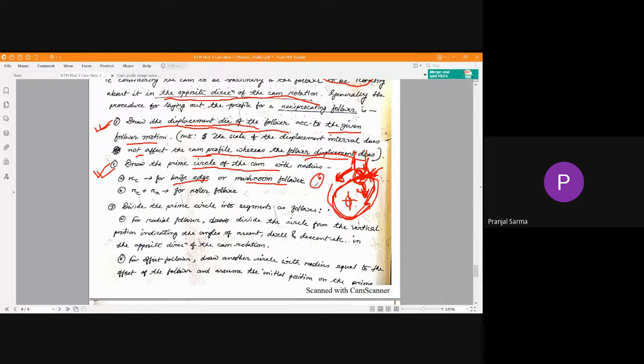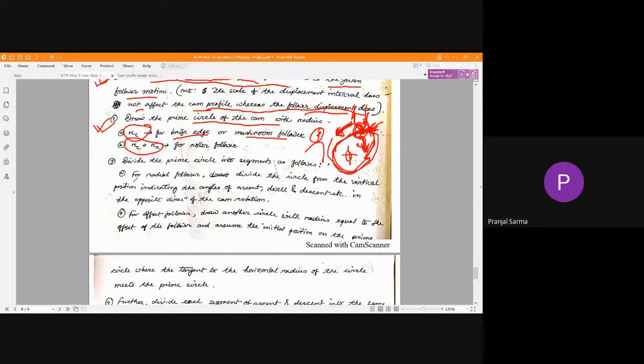So if we are talking about a mushroom or knife edge follower, the prime circle is drawn directly by taking the cam minimum radius, Rc. And if it is a roller follower, then the addition of the roller radius has to be considered. So that is the next step.